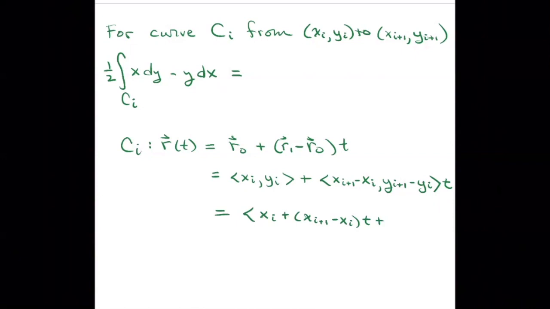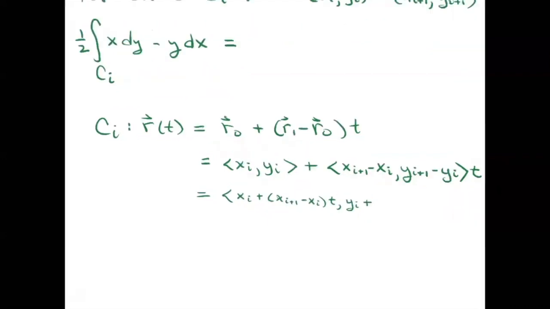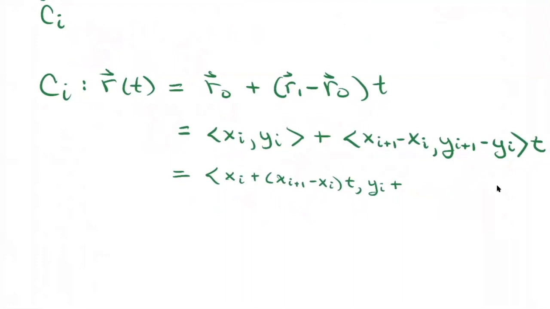There'll be a yi plus (yi plus 1 minus yi), and that would be times t.